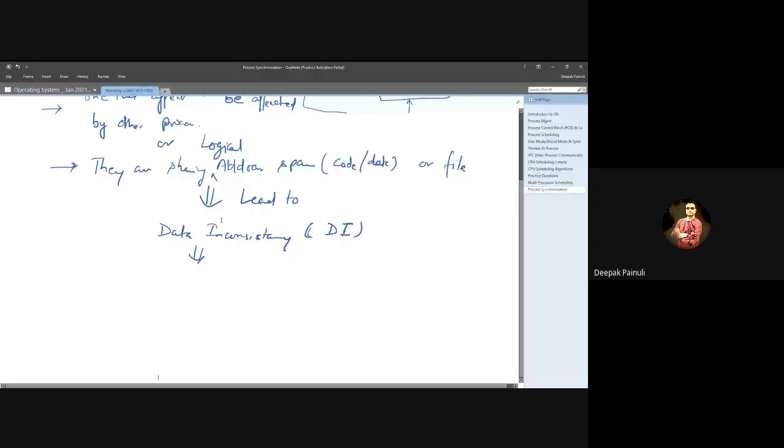Because we have cooperating processes in the system, and if they are cooperating, they are affecting each other, and they are sharing logical address space, or code, data or file. When they are sharing some logical address space at the same time, if they access or alter any shared variable, that may lead to data inconsistency.